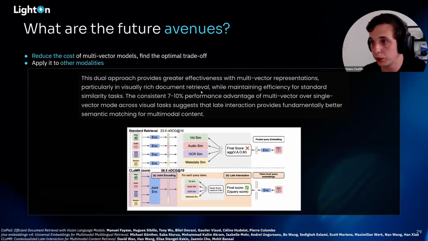And the multi-vector mode consistently outperformed the single one while sharing the same perks as with text: out-of-domain generalization and long context handling. And so why stop there? Because some work already applied late interaction to even more modalities, including audio.